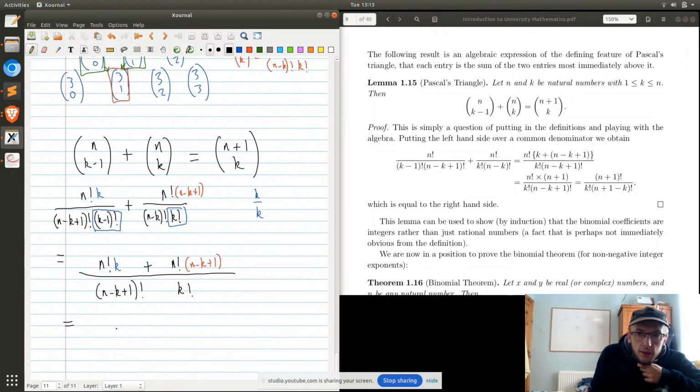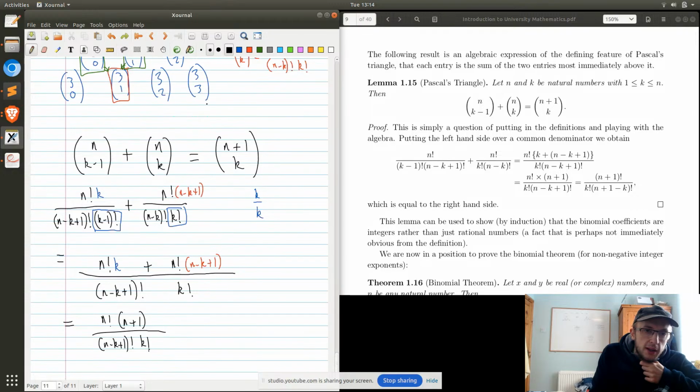Okay, now it looks exactly like that, doesn't it? I just have to factor out n factorial, and that is going to be added to that, which means that k and the minus k will cancel out. So I'll have n plus 1. And these will be multiplied together. And so it's looking really close now to this, isn't it?